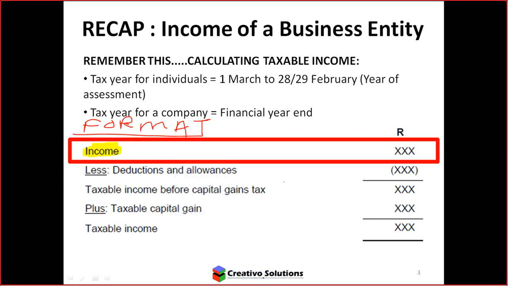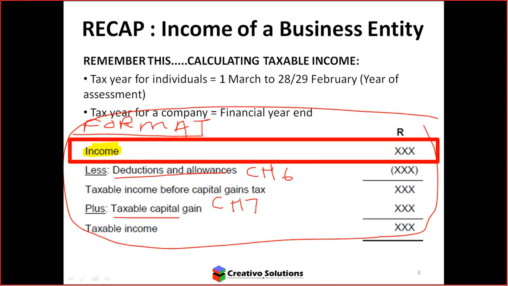Next week, Chapter 6 is going to focus on deductions and allowances. And then the final chapter, Chapter 7, is going to look at the taxable capital gain. That's why these last few chapters are quite important, because it brings the big picture together. You're trying to get to taxable income, and once you've got that, you'll then apply the rates.